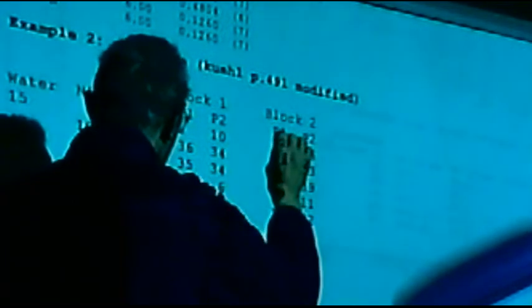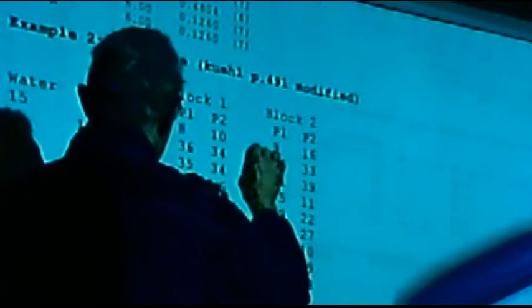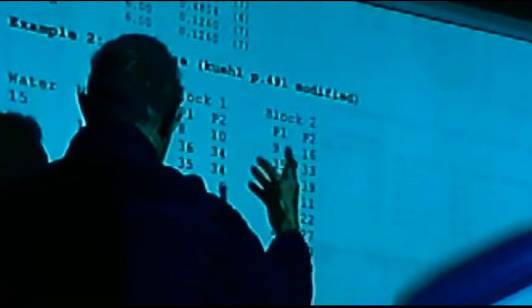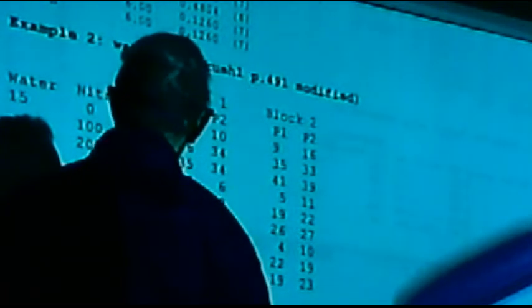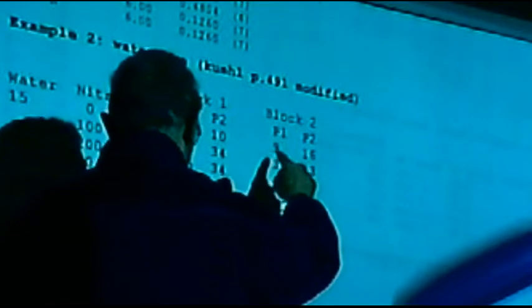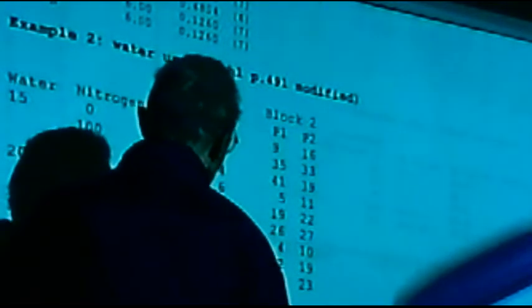And at each farm we have 2 plots of land that were randomly seeded with phosphorus level 1 and phosphorus level 2. And then for the other farm, the same sort of thing. 2 plots of land, one got phosphorus 1, the other got phosphorus 2. And so that was going on.